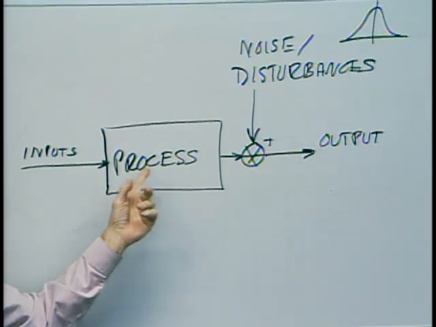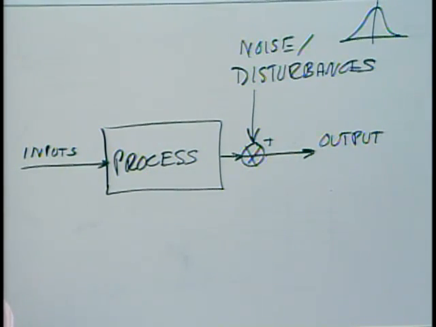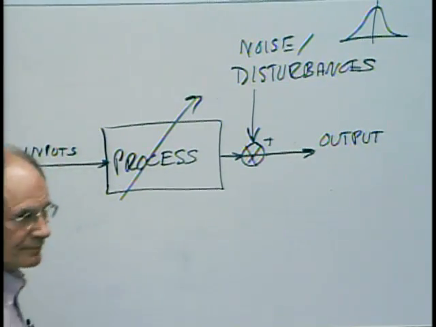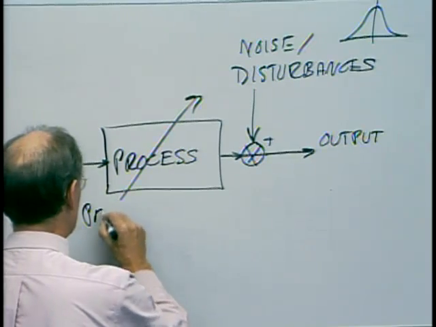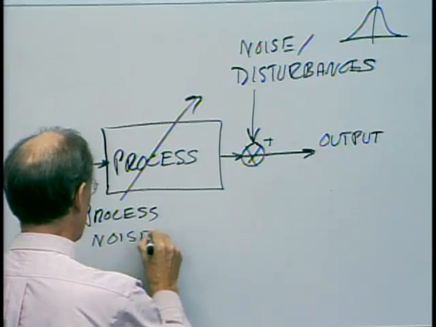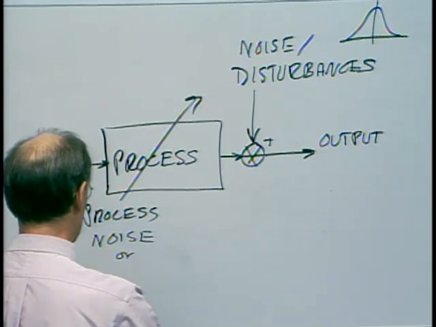Because what we all know is what's really causing most of the changes that we see is a change in the process. So we have things like a process noise or disturbance.